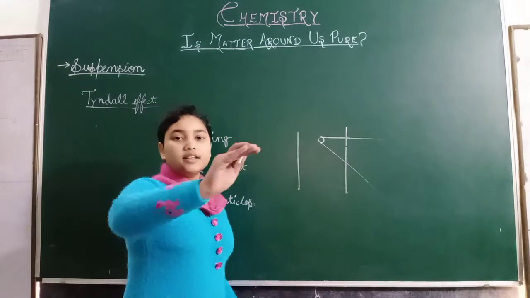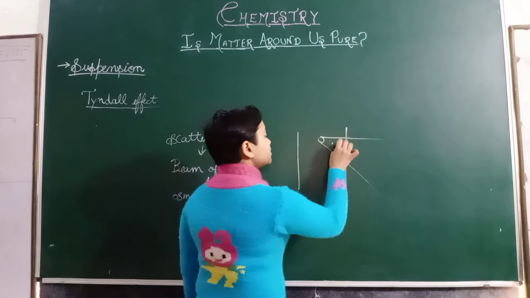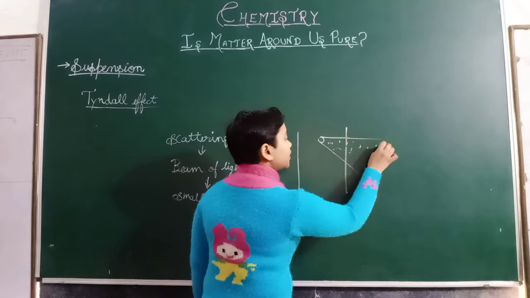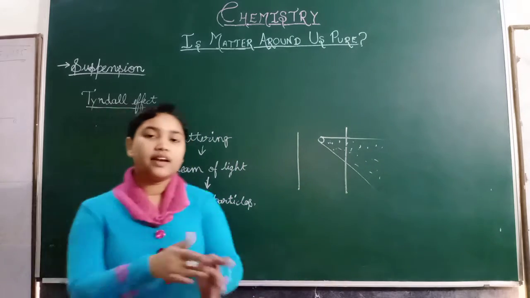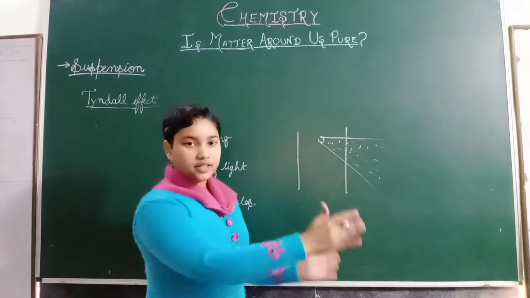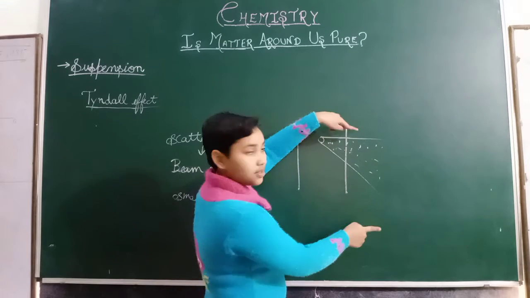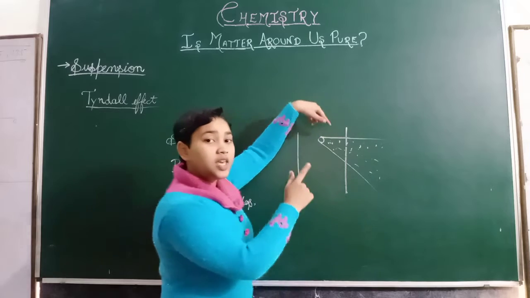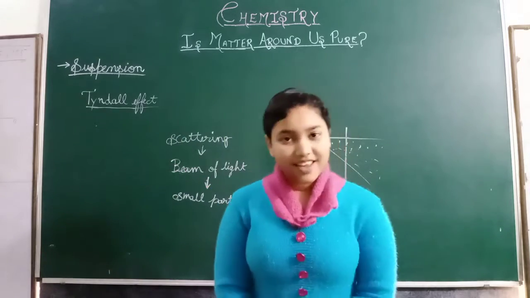It is scattered, and small air particles and dust particles can be seen moving here and there. So this is called the Tyndall effect. The beam of light is scattering through small particles.